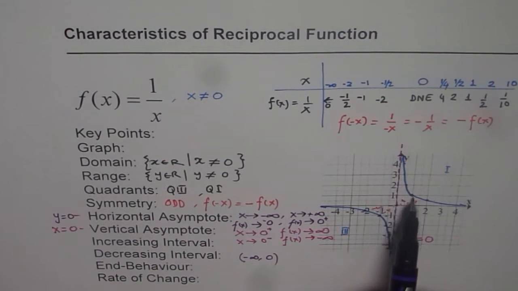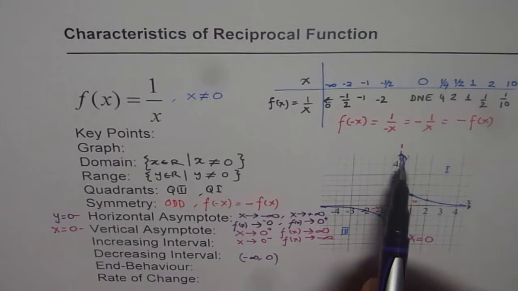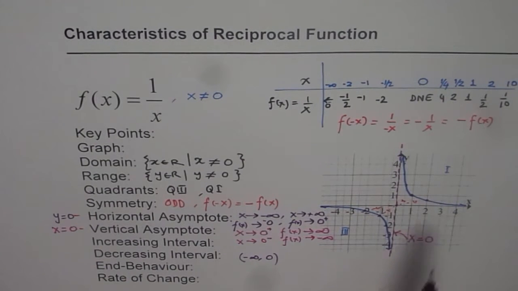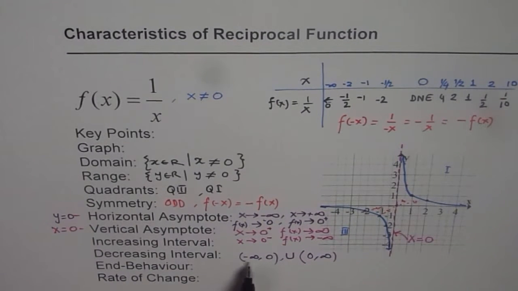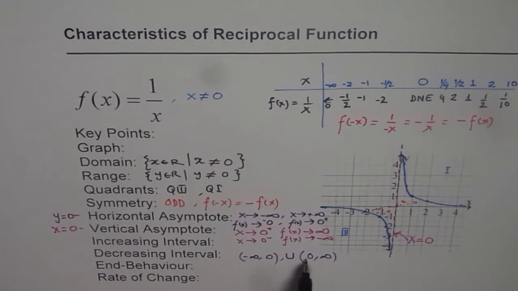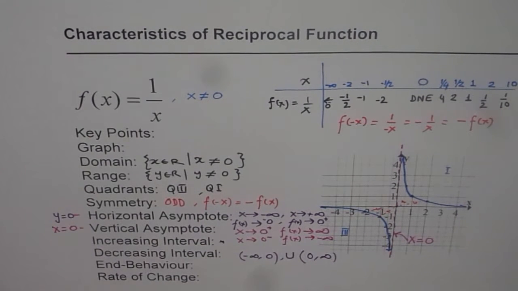It starts from a positive large value and decreases toward 0. So we can write the union, and from 0 to infinity. Therefore, in the entire domain the function decreases. Of course, 0 is not in the domain of the function. So from negative infinity to 0 and from 0 to infinity, it decreases, but it never increases.